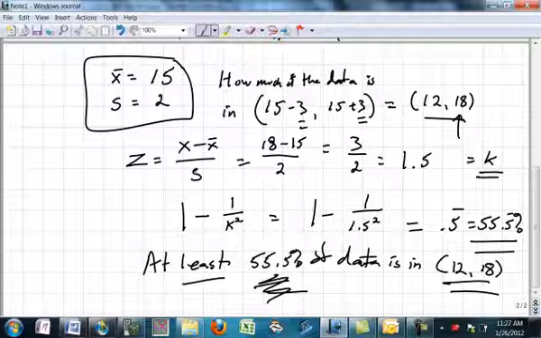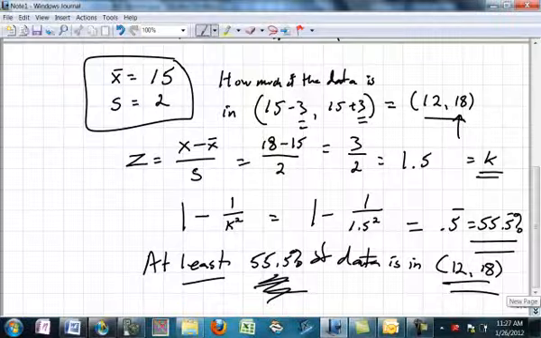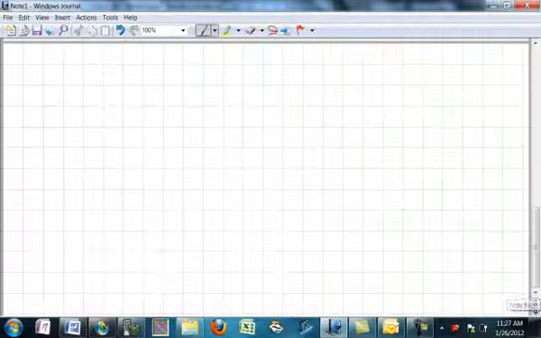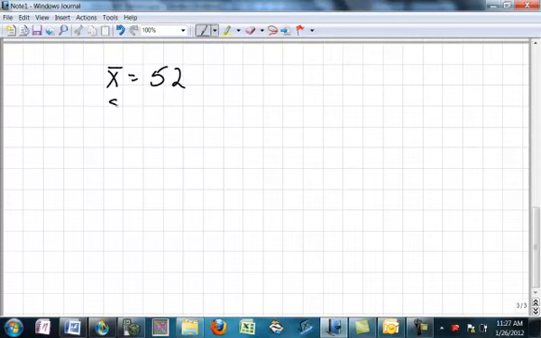Okay? Let's do the backwards kind of problem, the reverse problem. So let's give a mean. Let's say it's 52 and a standard deviation of 4.